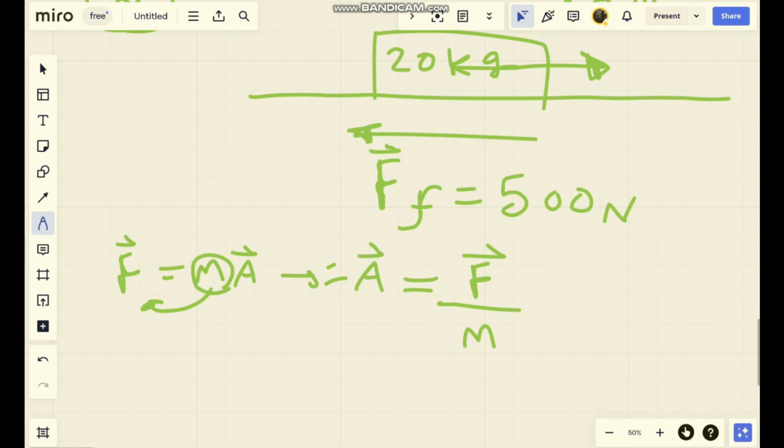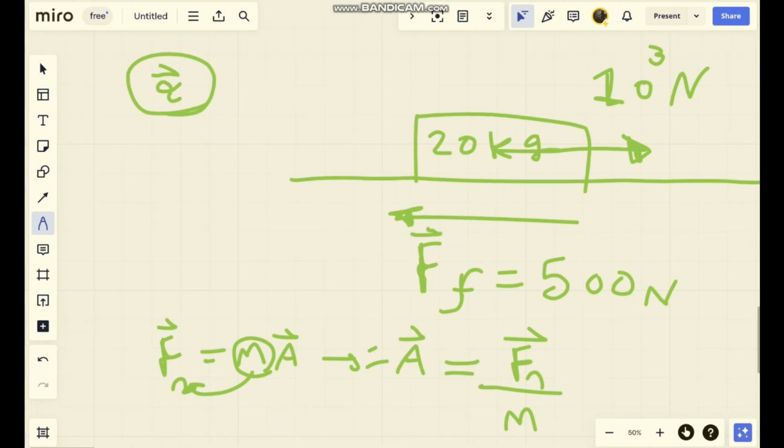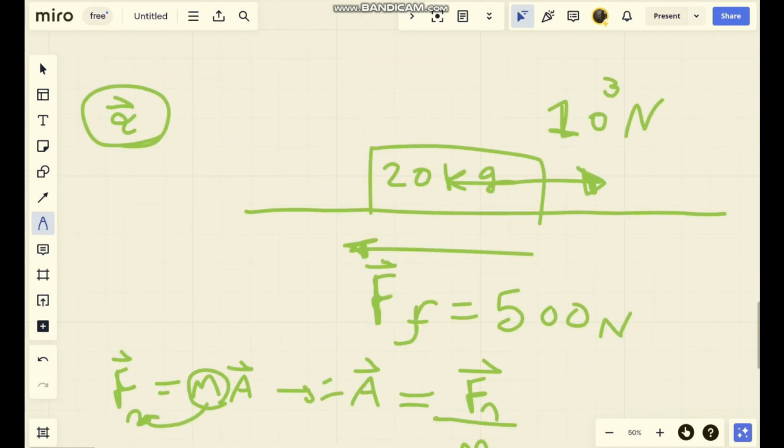And remember, this is not just any F, this is the net force. I need to get the net force, so the sum of the forces. I have two forces in opposite directions, so I subtract. What's this, 10 to the third? That's 1,000. Don't worry, I wrote it in different notation so you get used to it.